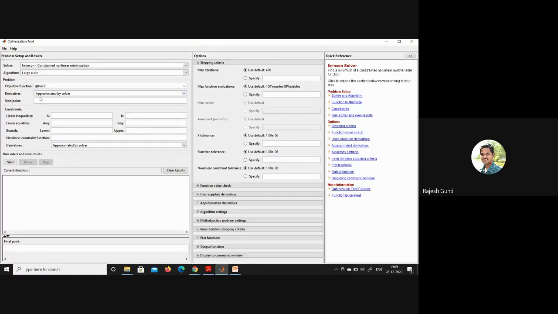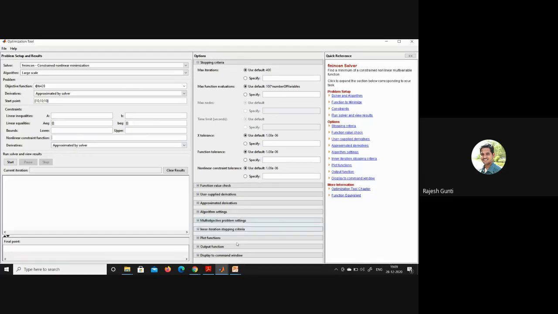The starting point is 10; 10; 10. Here the equality constraints are empty, everything is empty, no need to mention. There are no lower bounds and no upper bounds. Instead of leaving them out, keep them empty, that's better. We are not mentioning a non-linear constraint, since there is no non-linear constraint.